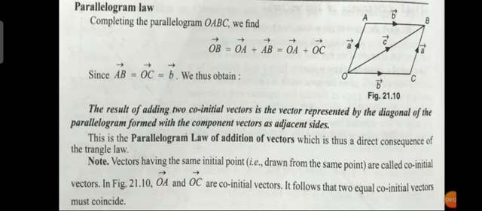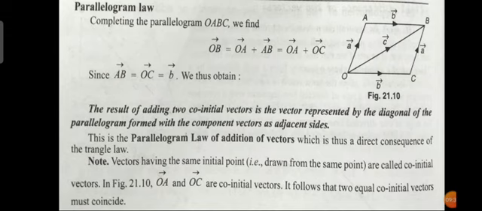Since vector AB and vector OC are vector B, and vector BC is vector A, thus the result of adding two co-initial vectors is the vector represented by the diagonal of the parallelogram formed with the component vectors as adjacent sides. Here we have taken the diagonal.